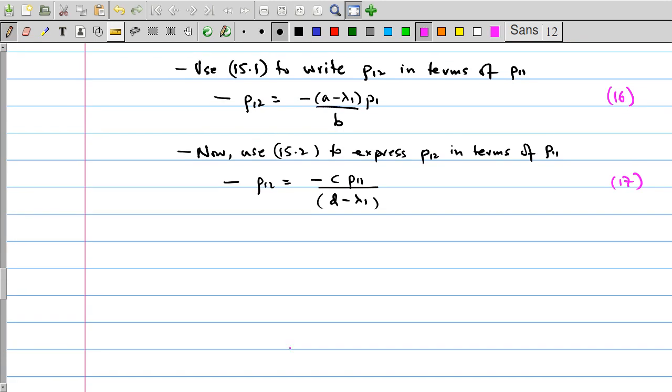So now the claim, minus A minus lambda 1. Okay, let me first make the broader claim: 16 and 17 are exactly the same equation.